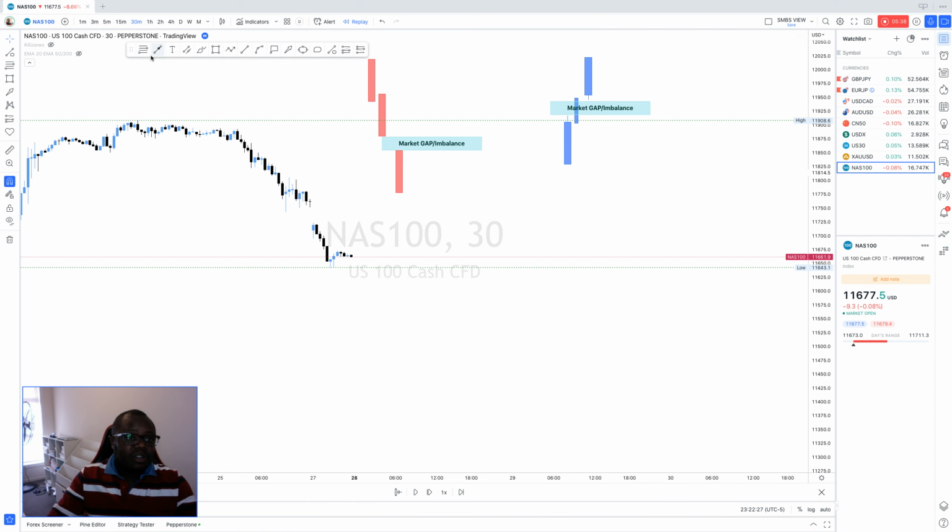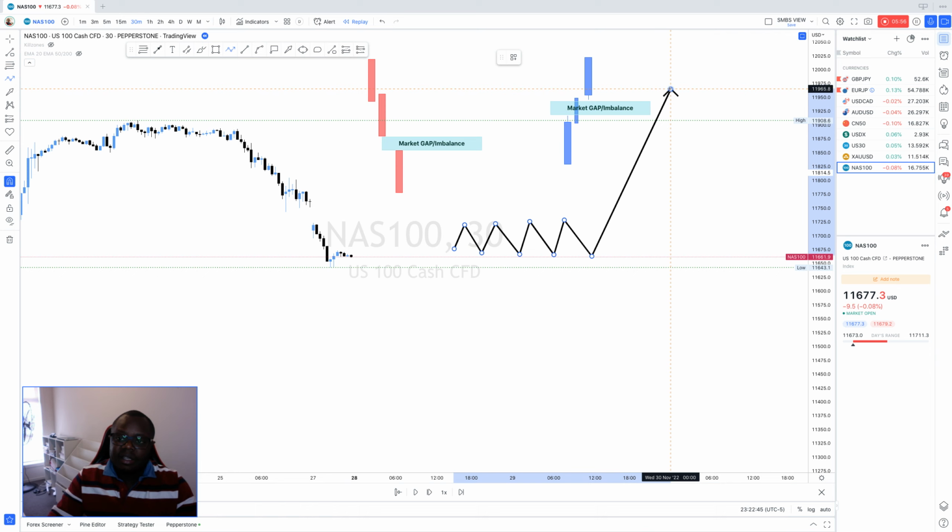In normal circumstances, you will find that a market will first go through what we call manipulation, or at times market ranging, or market consolidation. And then after this, you find there's a big upsurge in the market like this.